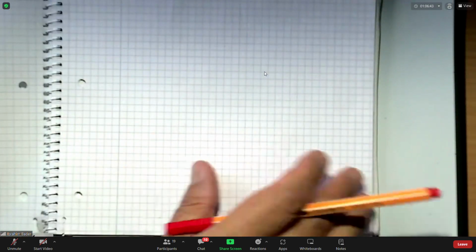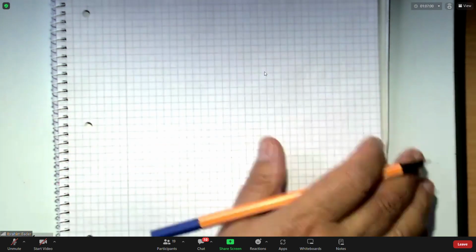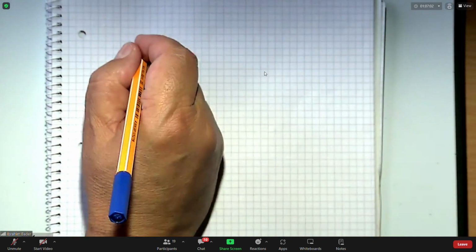These roots can be evaluated using the final formula, so let's write it.